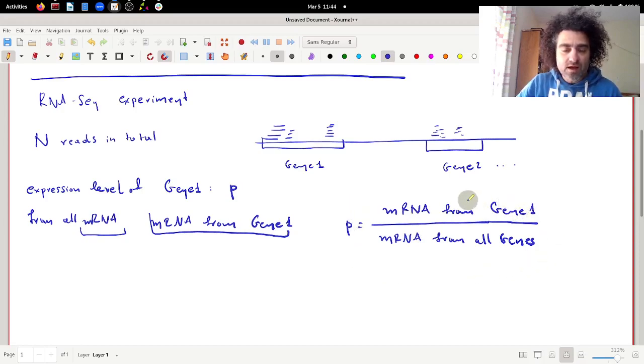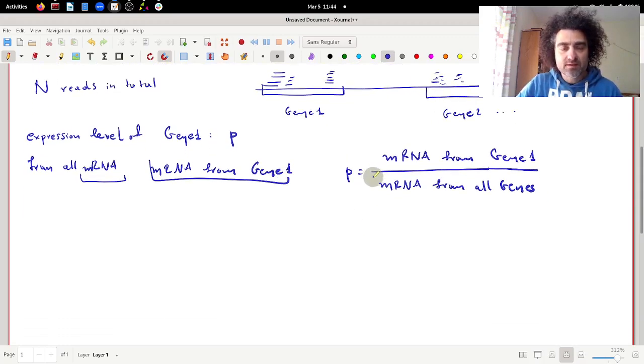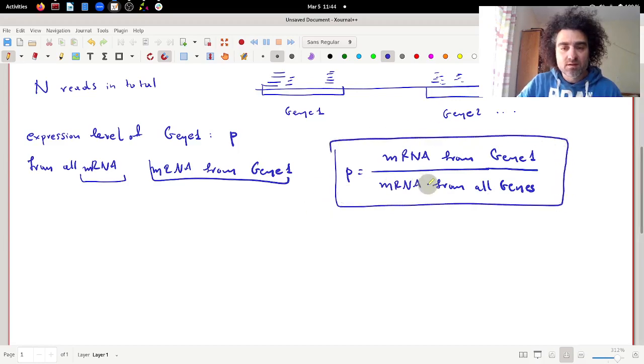So this is actually the gene expression level of gene 1 compared to the total expression level. And it is actually a parameter, because this is the real expression level of gene 1, and this quantity is actually unknown.